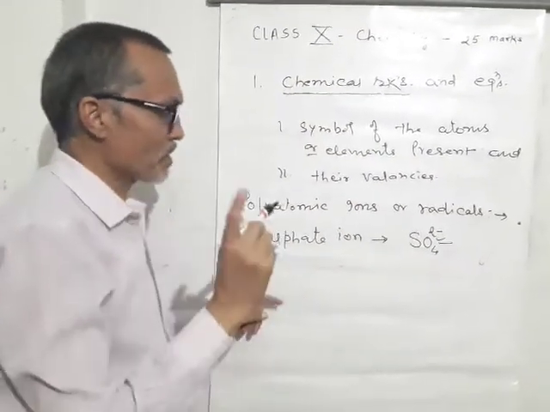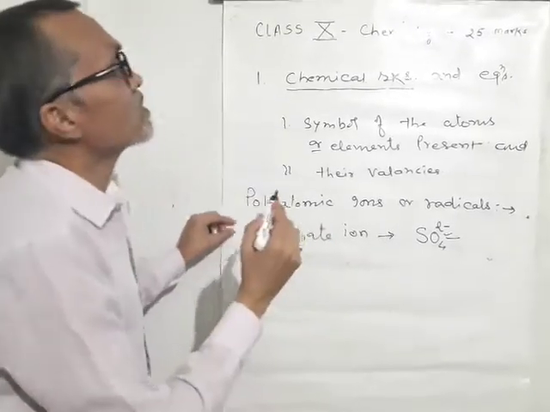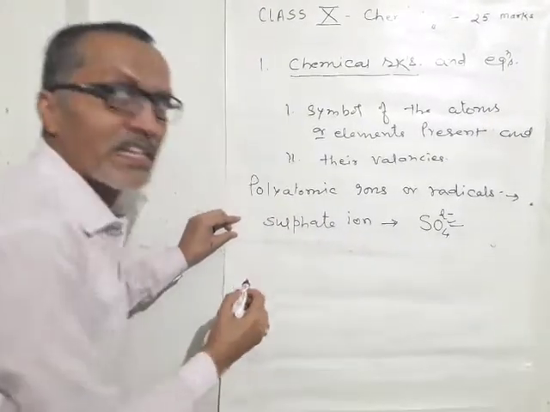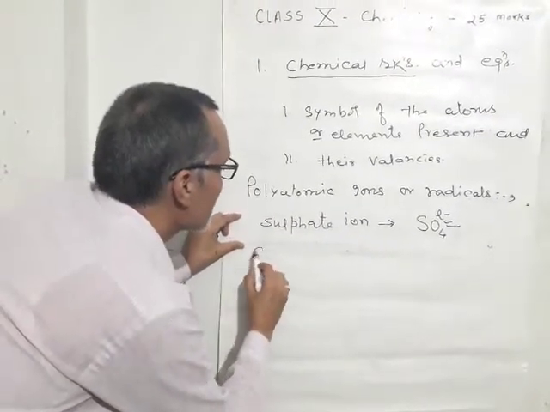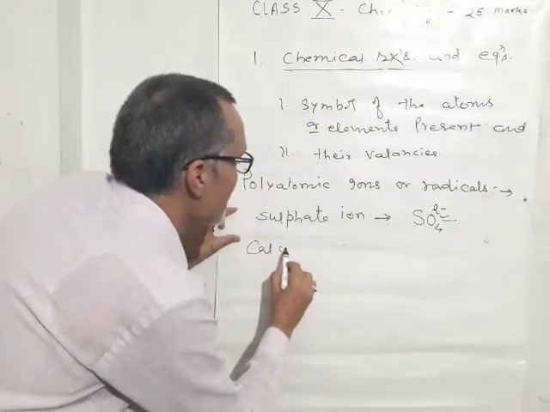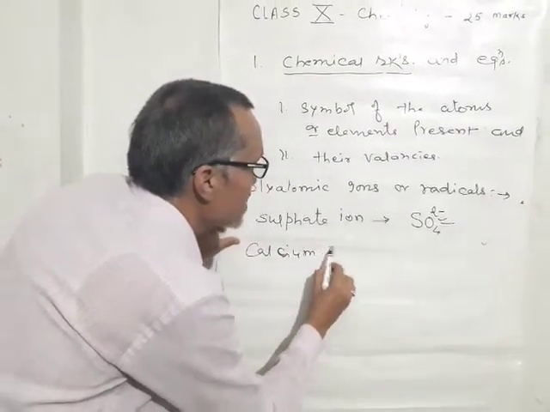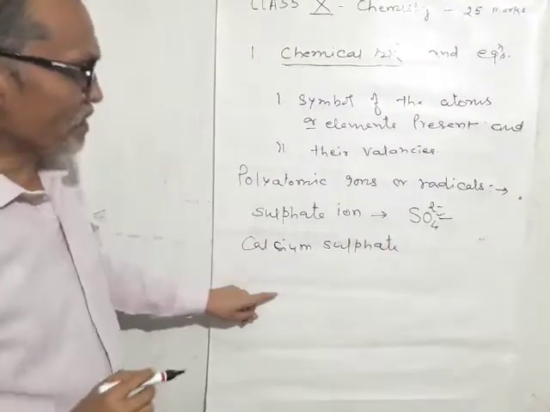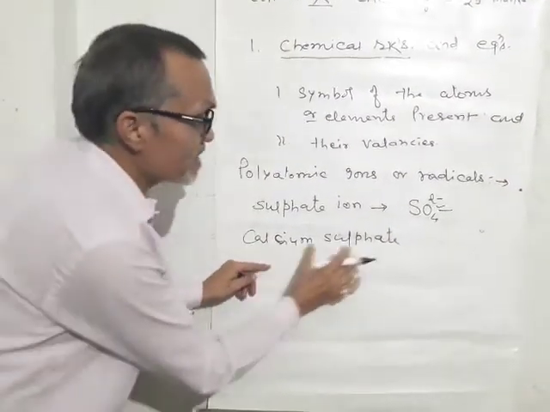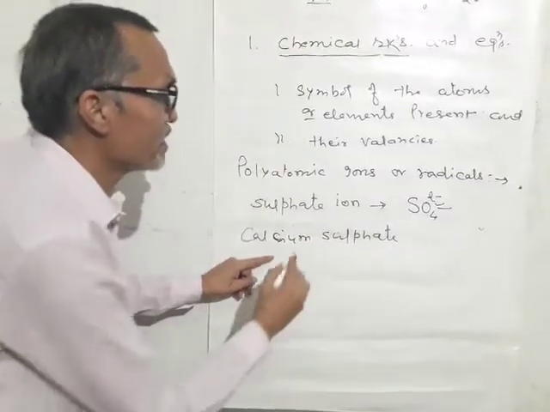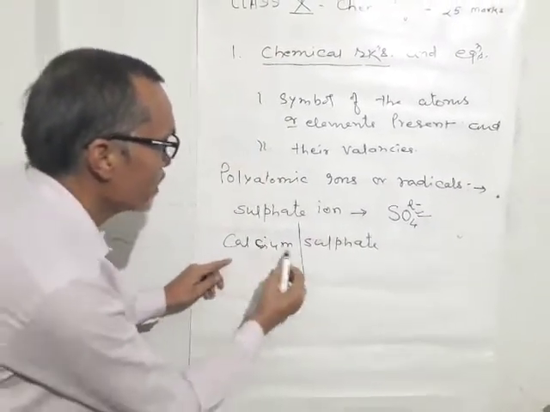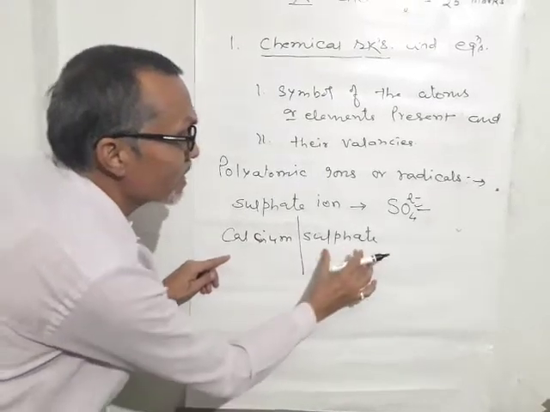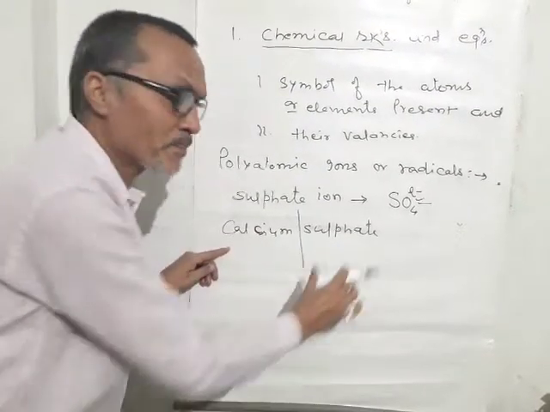For example, suppose someone asks you to write the chemical formula of calcium sulfate. Calcium sulfate. Think about it, in this calcium sulfate, there are two parts. One is calcium and another one is sulfate.